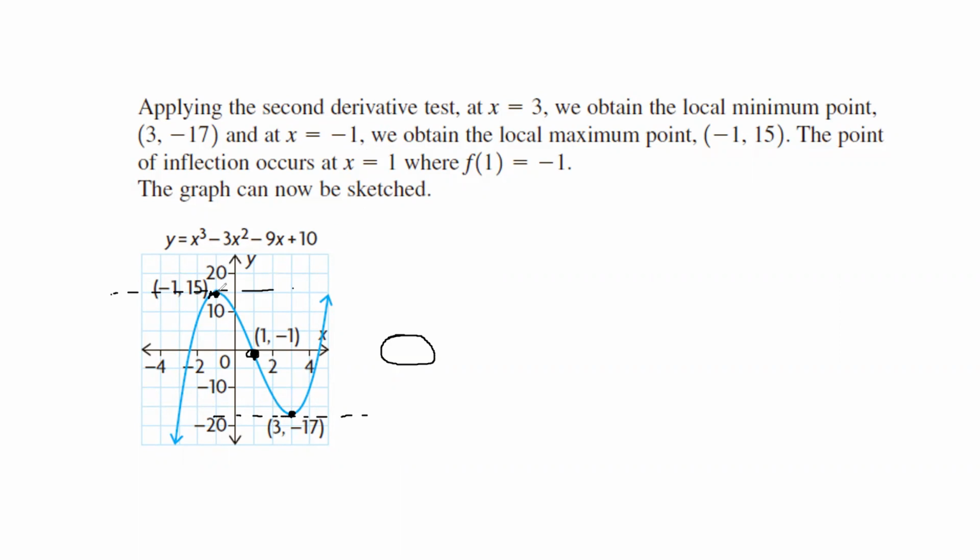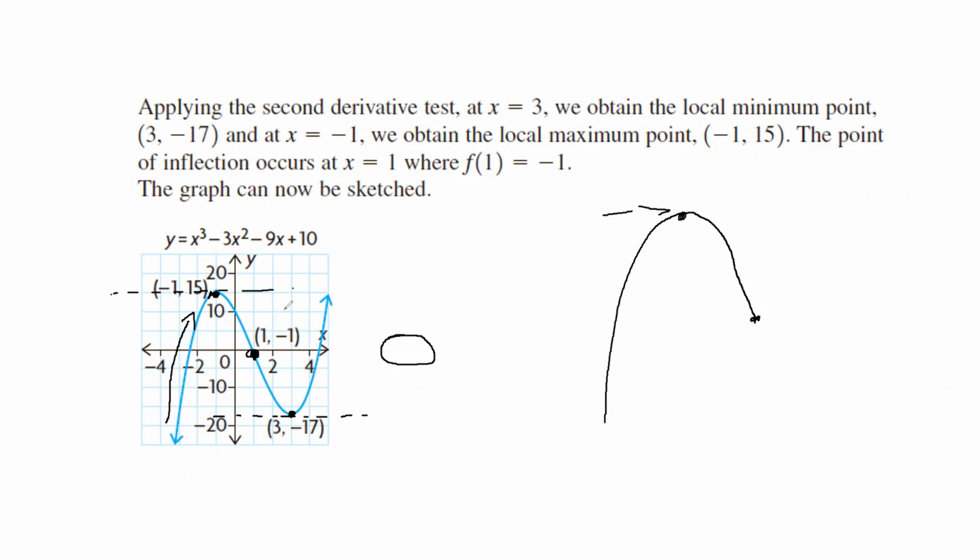If this is a local maximum and we don't have any other critical points before, it means the curve was constantly growing up to this point. So we draw a curved line to this point, because it's a local maximum, and then it turns the other way around.